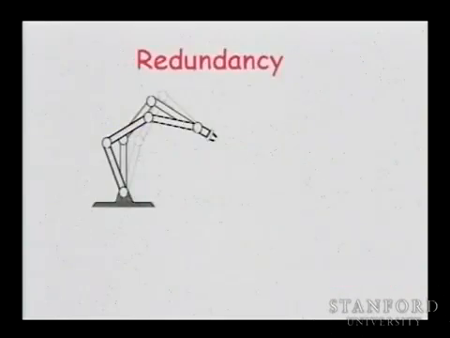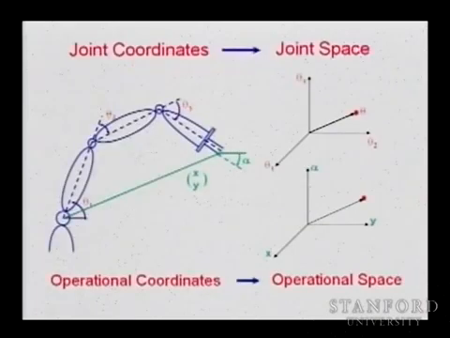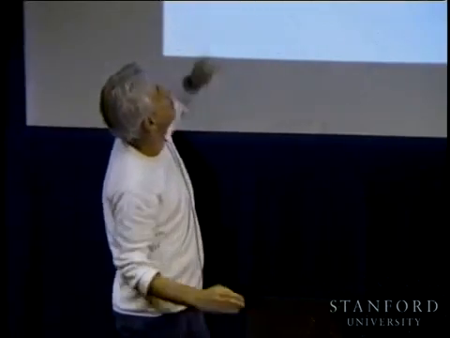Now, these 2 spaces, the first space is fully describing the configuration of the robot. But imagine that we add one more joint on this robot. The end effector is fixed, but the robot configuration can vary because of the redundancy we introduce by adding one more joint. So redundancy, in this example here, you can see we have 4 joints, and the end effector still has 3 degrees of freedom.